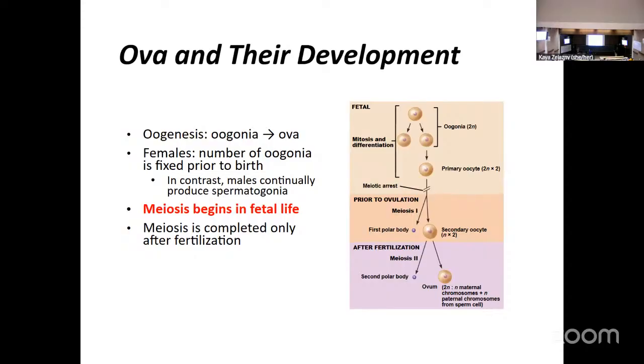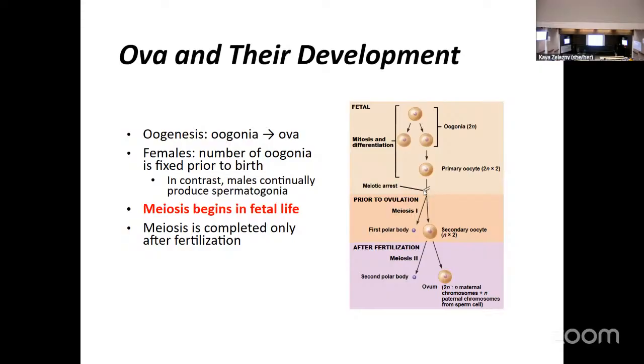And I say completing because it's not just that the oogonia can't do mitosis, can't make identical copies in an adult woman. It's that they have actually already kind of started meiosis. Okay. So we have a fixed number of oogonia, and meiosis begins during fetal life. So we set up for meiosis, and we end up in a phase of meiotic arrest.